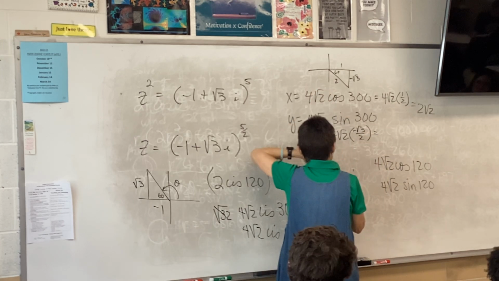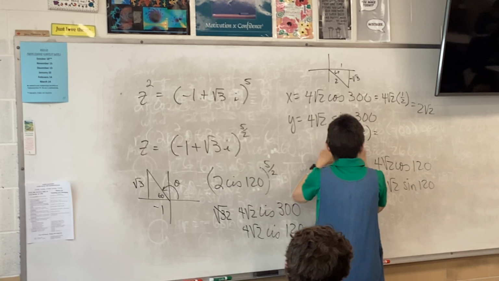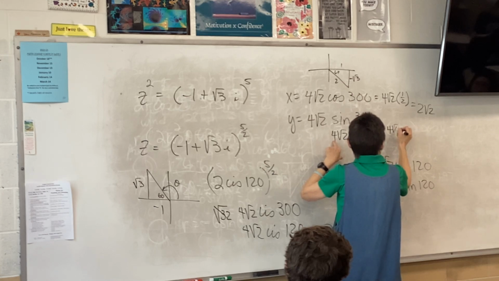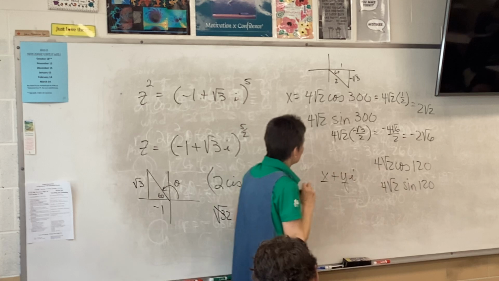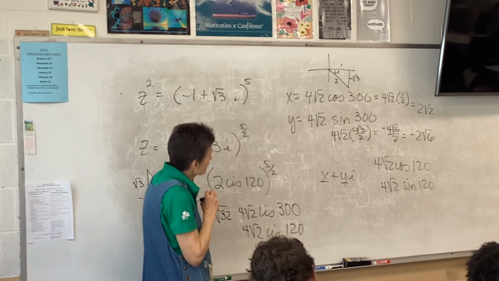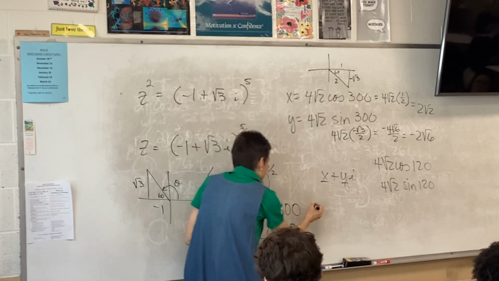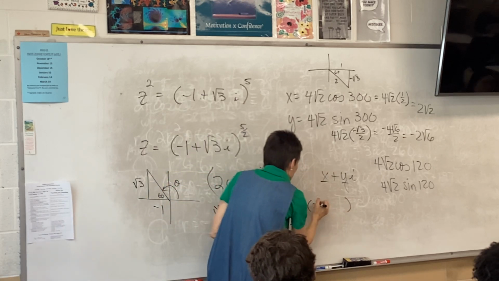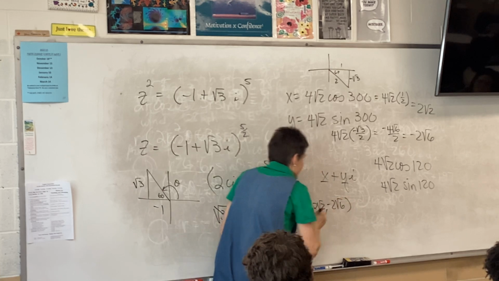So that's going to be, let's see, negative 4 root 6 over 2, negative 2 root 6, is that what you got? So this one, 2 root 2, negative 2 root 6.